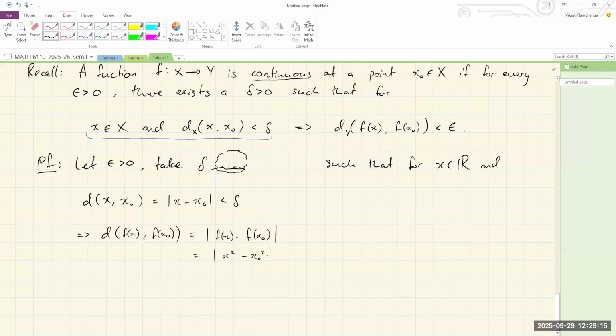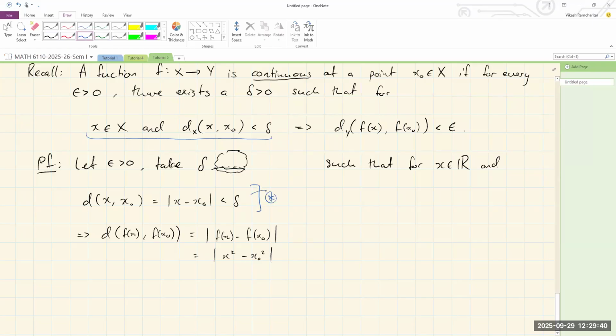Now remember, x0 is fixed in all of this. And so this one has a little trick in it. Most of these proofs, where you have to prove that a particular function, where they give you the equation, is continuous at a point, have a little trick in them where we want to essentially incorporate this fact here.